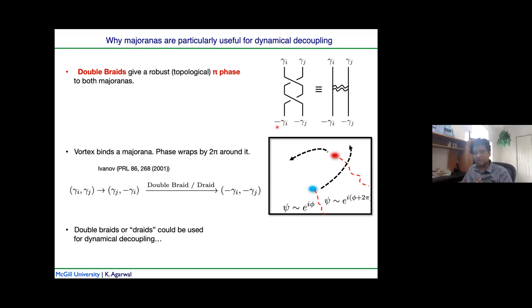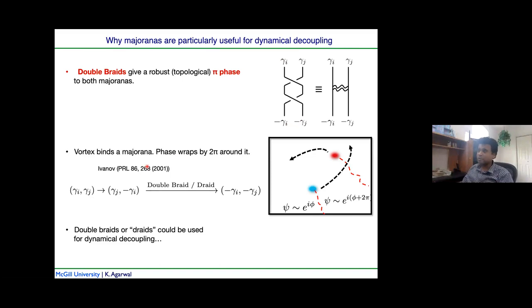But additionally, they acquire a minus sign, which is topologically robust. As long as they're really zero modes, very far from each other, there's no dynamical phase. The only sign that comes is this topologically inbuilt sign, which is this property of Majoranas.